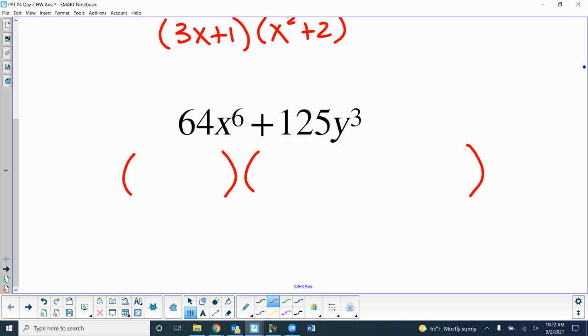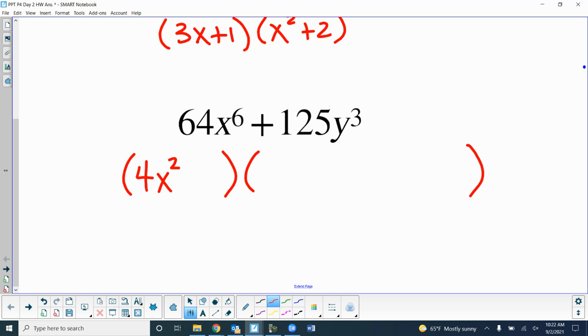Cube root, yes. So what's the cube root of 64x to the 6th? x to the 2nd, yeah. When you take the cube root and you have exponents, just divide the exponent by 3.